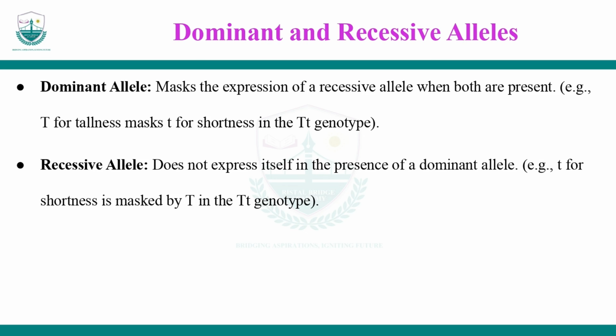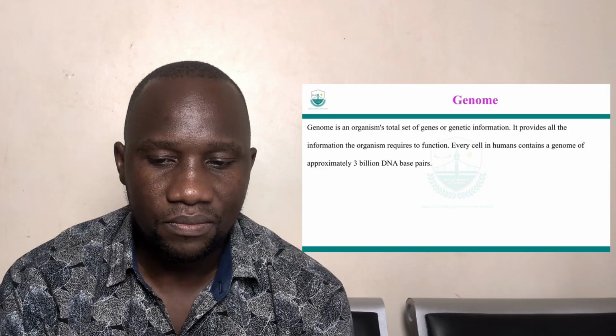So this black is the dominant allele, and then this red is the recessive one. It will not express itself in presence of the dominant allele. So for the person who has red eyes, for example, it could mean that they should have both alleles as red for that expression to happen. That's what we mean there.